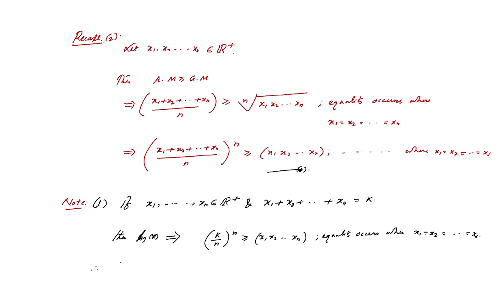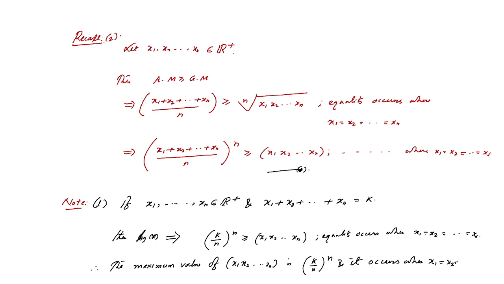So therefore from that result we can conclude the maximum value of the product x1 x2 xn, this is (k by n) whole to the power n, and it occurs when all positive real numbers they are equal.